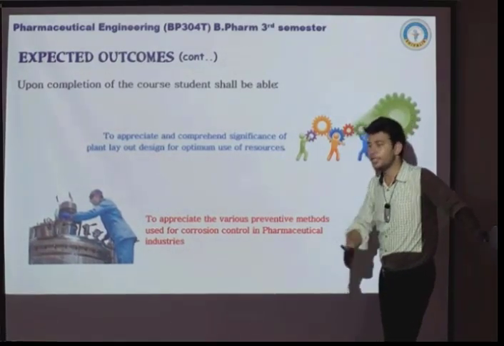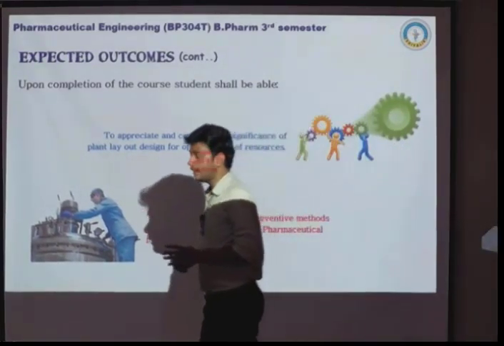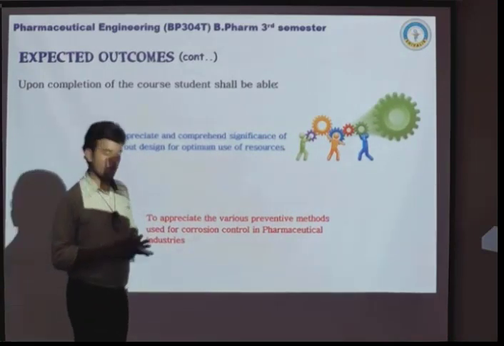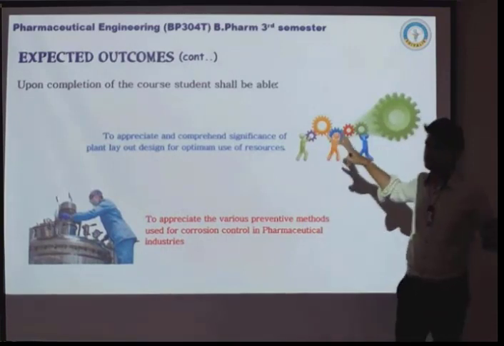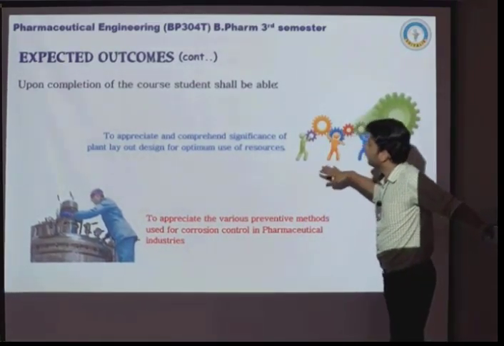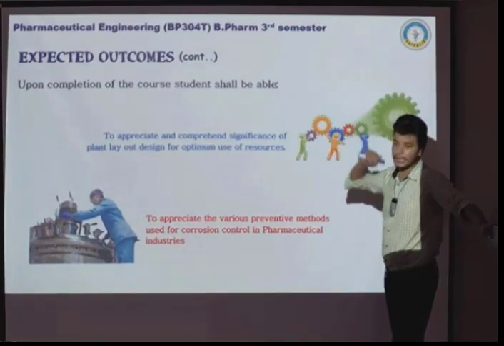So we will be knowing how to prevent our pharmaceutical machinery from corrosion for having optimum production from our machinery. All these are the possible outcomes that we will have after completion of this course, that is pharmaceutical engineering.